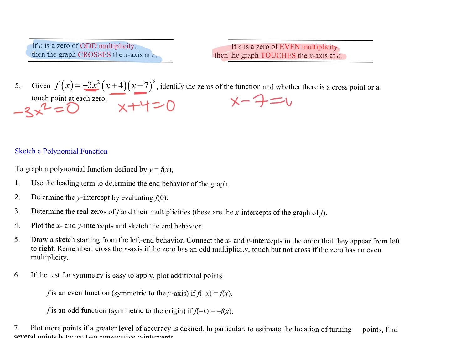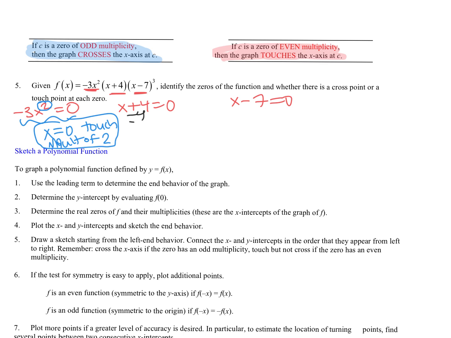When I solve this, I divide by -3, I take the square root, I get 0. But since there is a squared, I say that this is a multiplicity of 2, and that means it just touches. So at x equals 0, it's a multiplicity of 2, it's just going to touch.